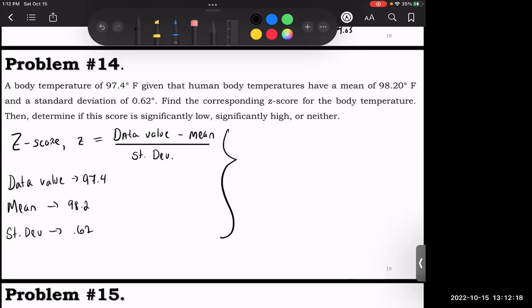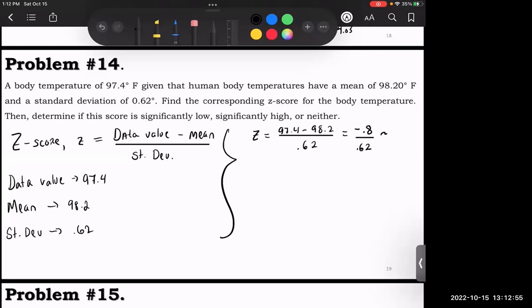So z is equal to 97.4 minus the mean of 98.2, over 0.62. Work out the number on top first, 97.4 minus 98.2, and you would get negative 0.8. Now divide that by 0.62, and you get a decimal number.